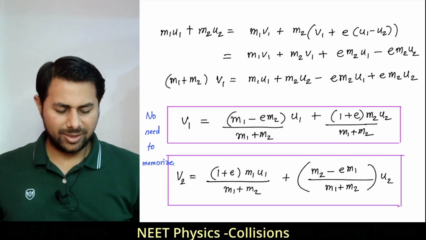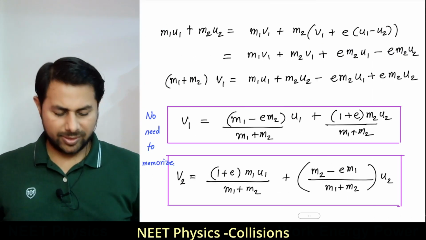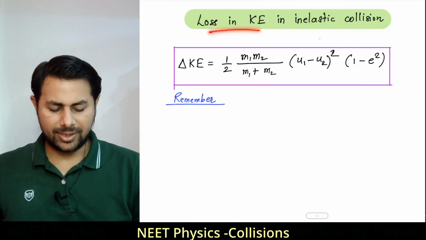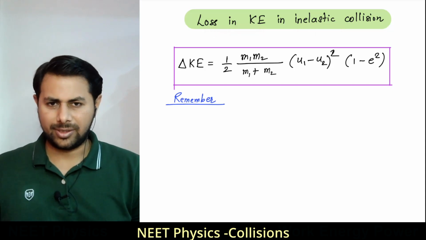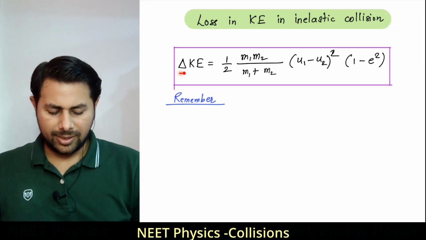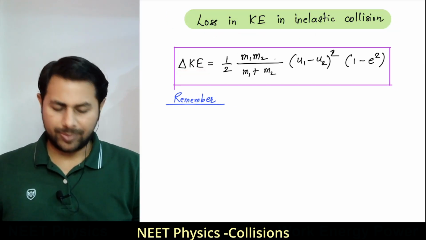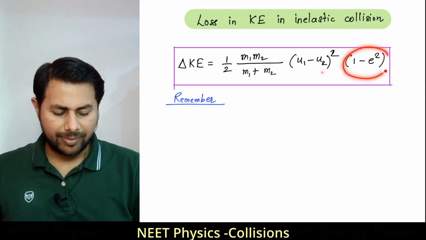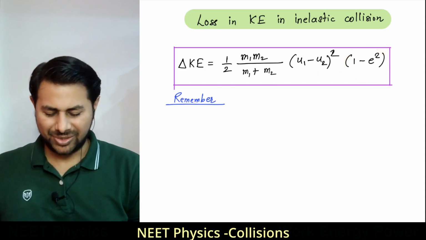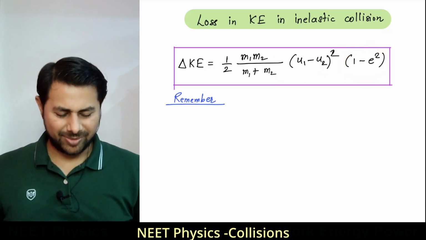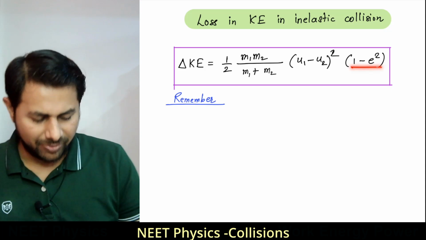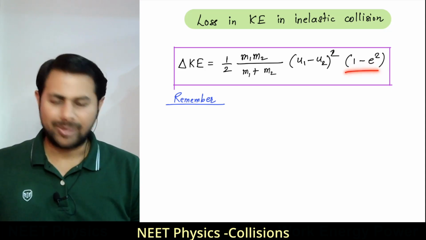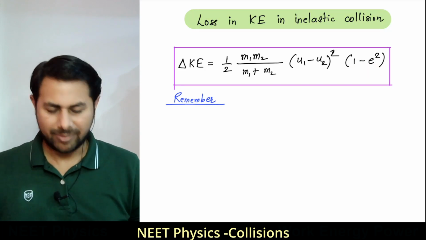So this is inelastic collision, but there is loss in kinetic energy in the case of an inelastic collision. That is delta KE equal to half of m1 m2 by (m1 plus m2) times (u1 minus u2) squared multiplied by (1 minus e squared). This is similar to the last formula and it's not very difficult to memorize, so remember this one.